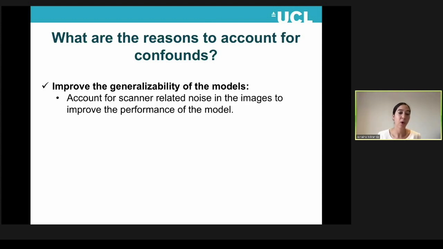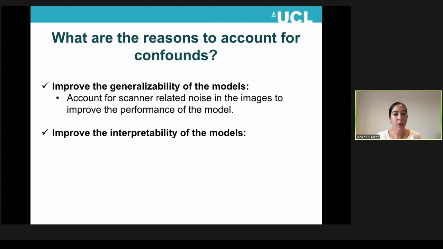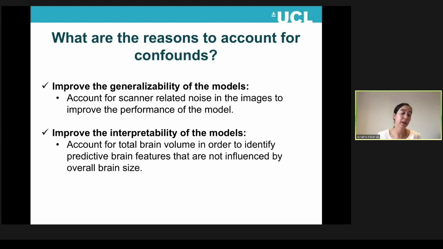For example, one might want to account for scanner-related noise in the images to improve the performance of the model in a multi-site study. Or one might want to account for confounds to improve the interpretability of the models. An example would be accounting for total brain volume in order to identify predictive brain features that are not influenced by overall brain size.